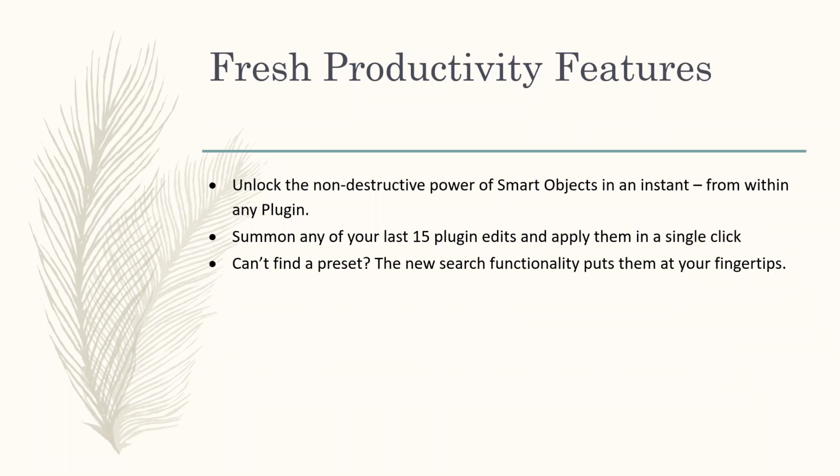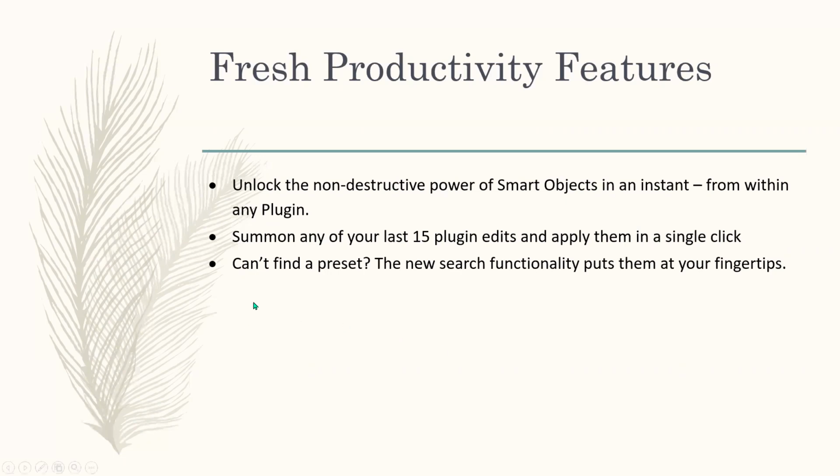And then some of the new productivity features: you can create a smart object right from Nik if you're using it as a plugin from Photoshop, which is how I typically work. There's a little box we can check, and when it comes back to Photoshop, it will be a smart object, which lets you come back to Nik and make adjustments to the things you've just done, which is very cool.